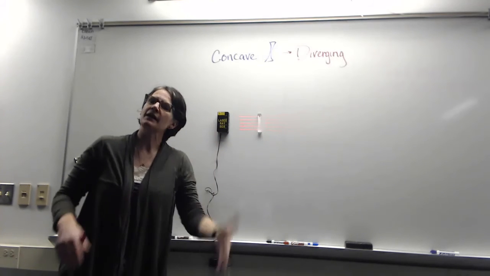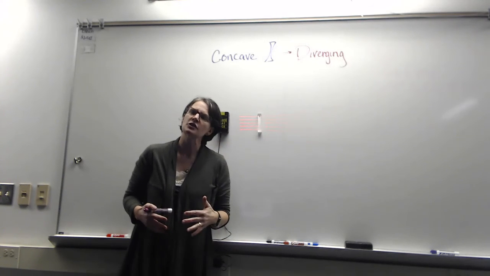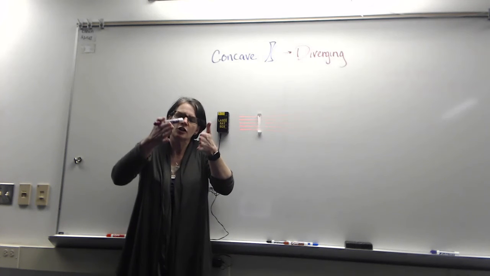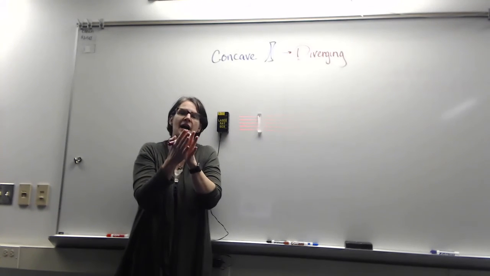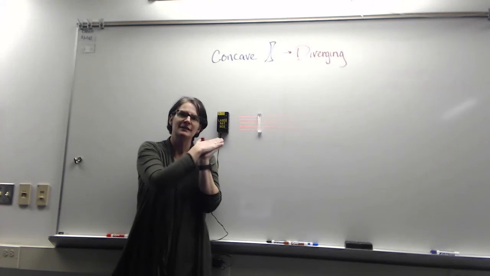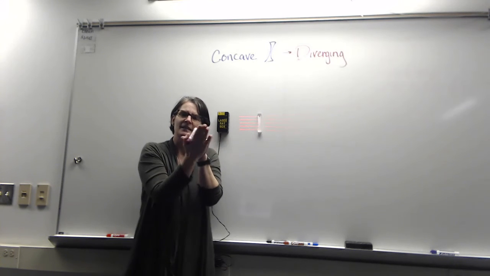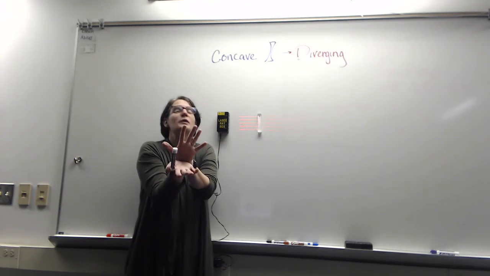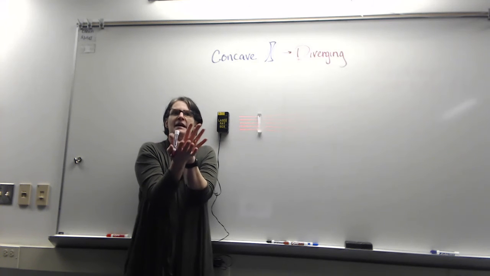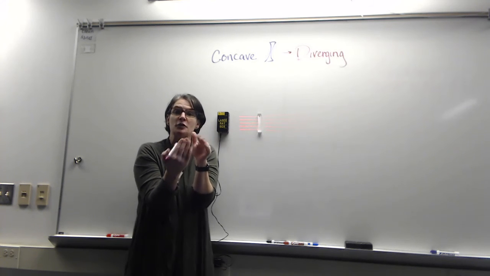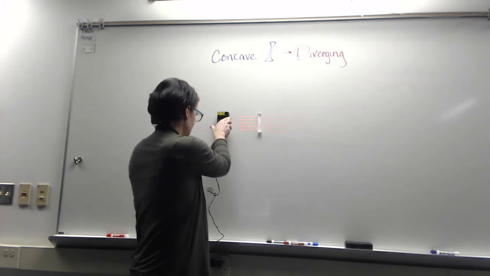And like a convex lens, the same is true about changing the shape. If I make the curvature sharper, more curvy, in a concave lens, I'm going to get more spreading out. I'm going to increase the spreading. And if I make it less curvy, I'm going to decrease the spreading.